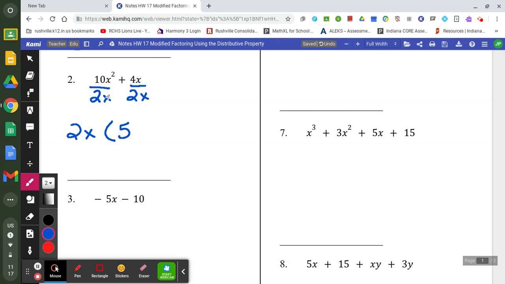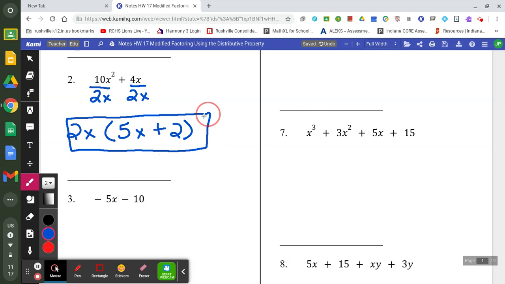Remember, I subtract the exponents, so x to the 2 minus 1 just gives me x. Then I have my plus sign. 4 divided by 2 is 2. And then when I have exactly the same thing on top of each other, so x divided by x, those actually just cancel. And my answer is 2x times the quantity 5x plus 2.